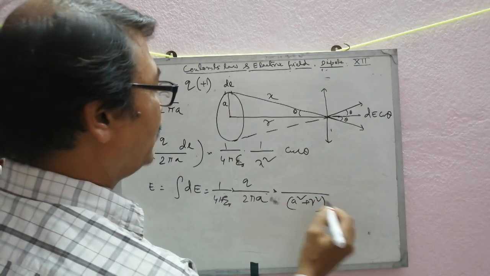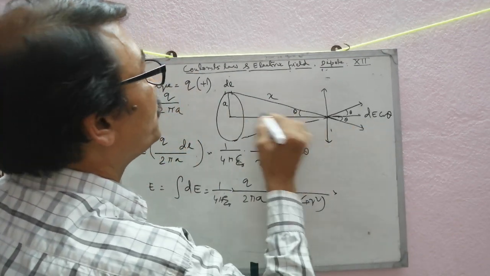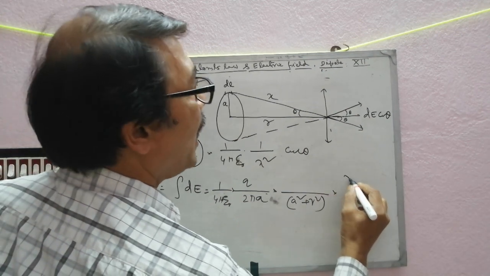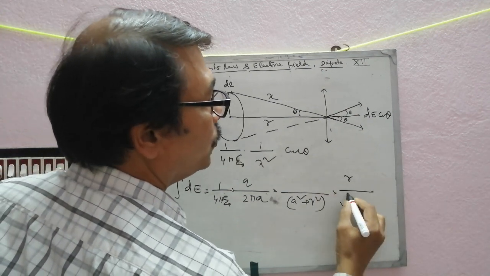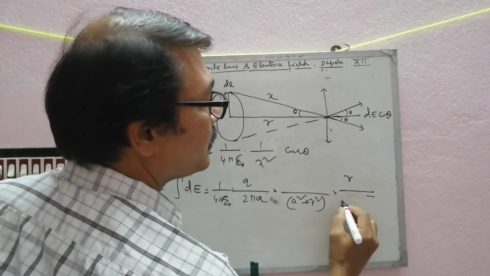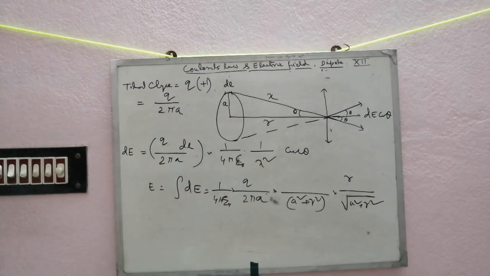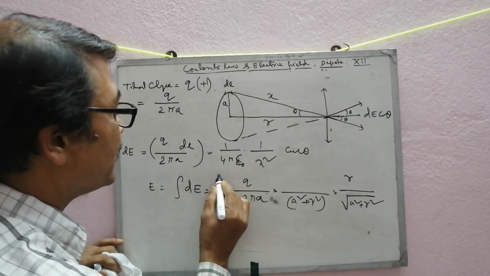The value of cos theta is r by x, x means root over a square plus r square. Okay, integration.